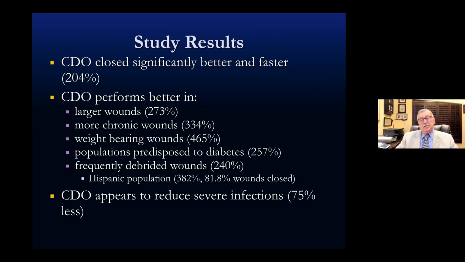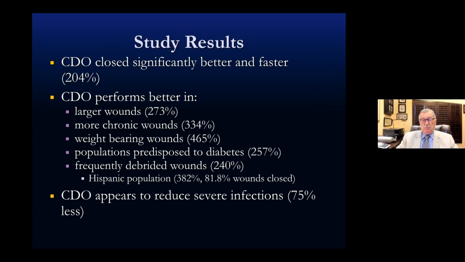And a side study, as part of this study, looked at those centers that actively debrided their wounds versus the centers that did not make debridement part of the care with the topical oxygen. Those wounds that were debrided had a 240% increase along with the oxygen therapy.